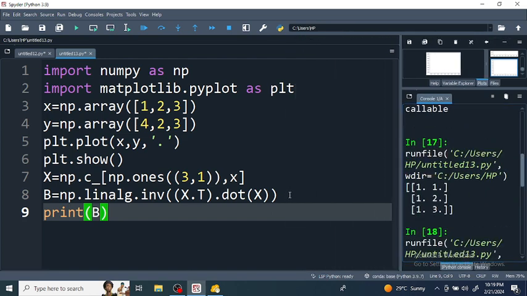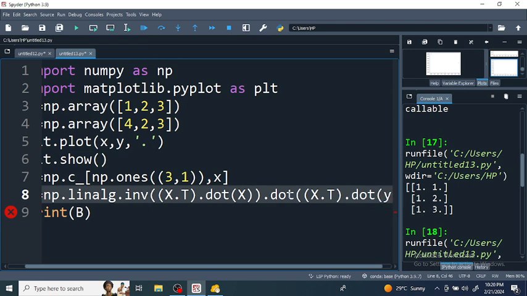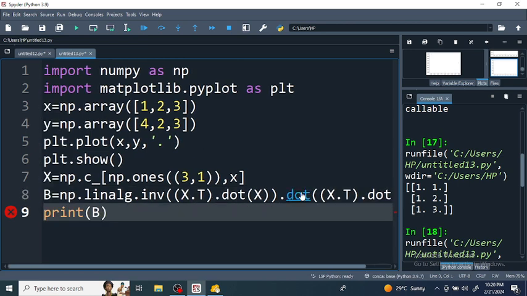Now next we want to multiply it by X.T, then multiply it by y again, so dot y.